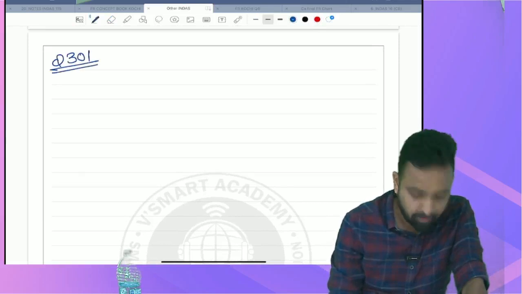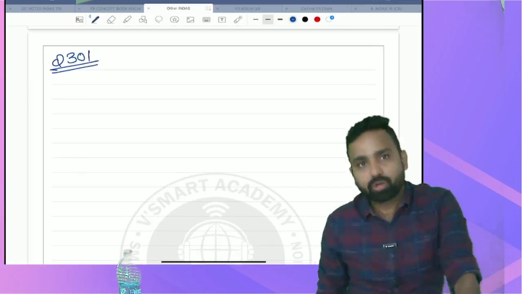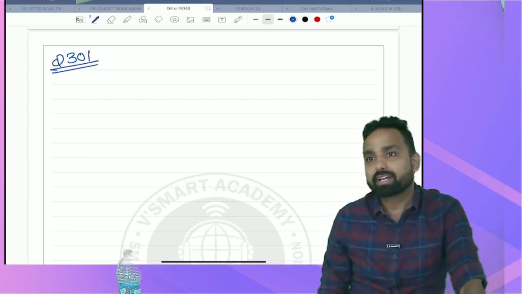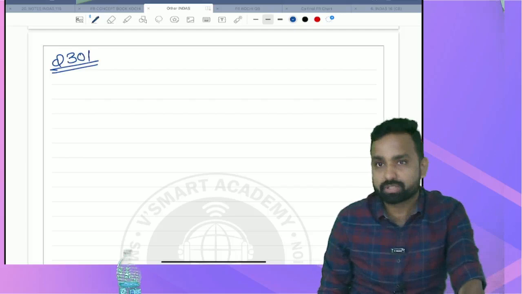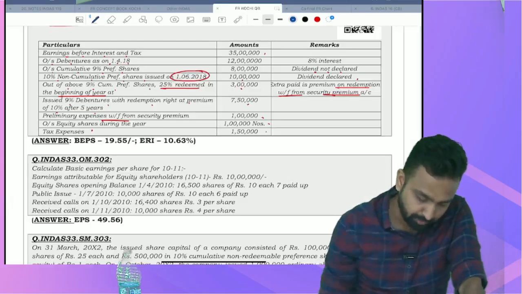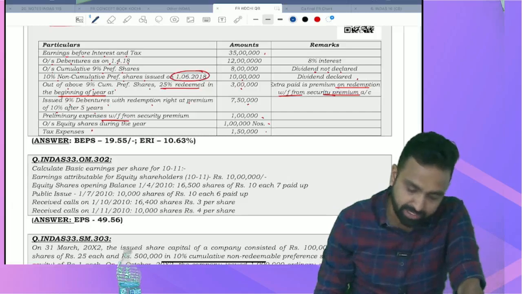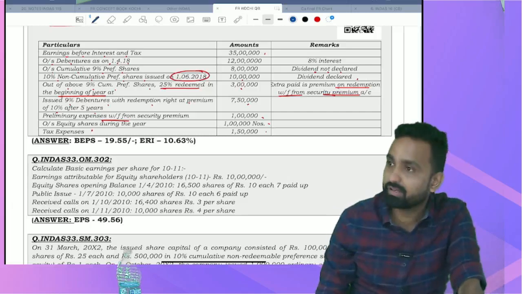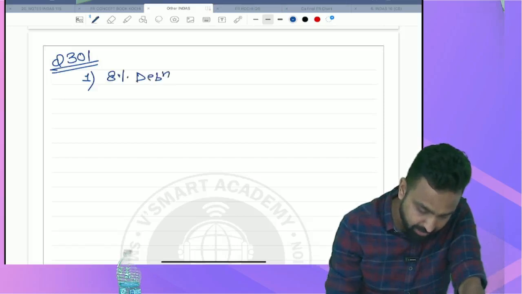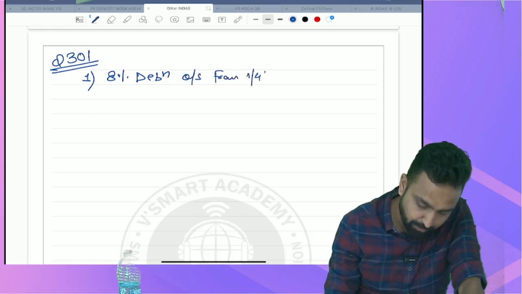Let's talk about the debentures overall. What are the debentures you have? So many categories of debentures you have. The first one you have is outstanding debenture as on 1/4/18. So one is your 8% debenture outstanding from 1/4/18.